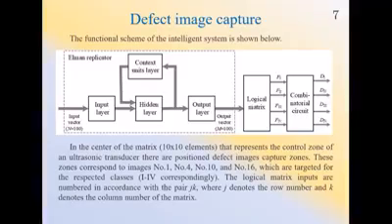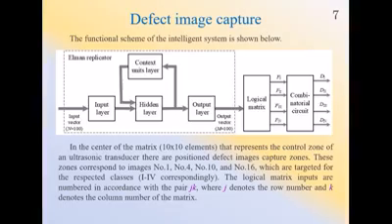The functional scheme of the intelligent system is shown on slide 7. In the center of the matrix that represents the control zone of an ultrasonic transducer, there are positioned defect image capture zones. These zones correspond to images number 1, number 4, number 10, and number 16, which are targeted for classes 1 to 4 correspondingly.